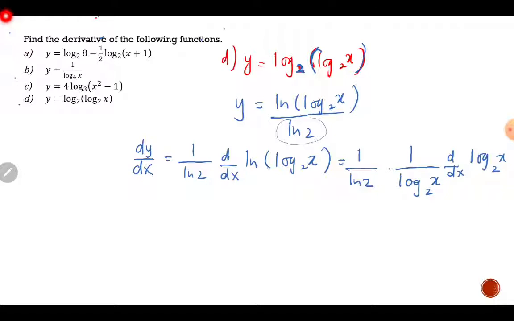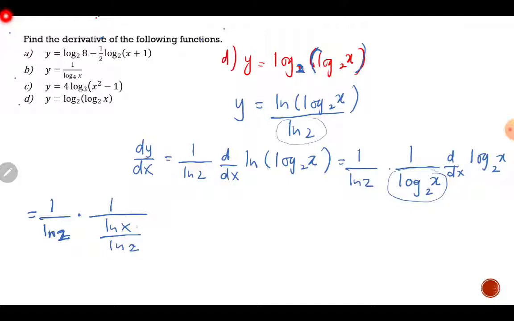Okay, you may direct differentiate ataupun kita tukar base dia. Okay, you boleh tukar kat bawah ni. Kalau you nak tukar ni pun tak ada masalah. Log x base 2 ni kita boleh tukar dia untuk jadi ln x over ln 2. Boleh, sebab kalau you sakit mata tengok log tiba-tiba nak tukar semua jadi ln, then you may.